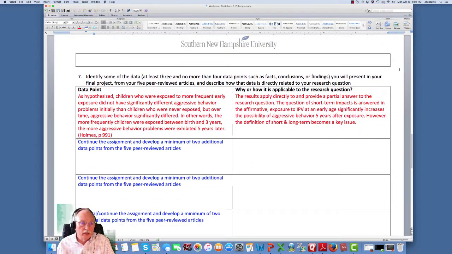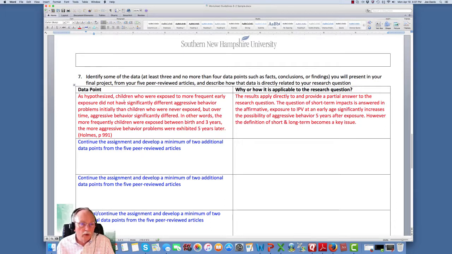All right, we go to number 7. Identify some of the data, at least 3, no more than 4 data points. A data point would be a fact, a conclusion, or a finding, and you'll present it in your final project from your 5 peer-reviewed articles and describe how that data is directly related to your research question.